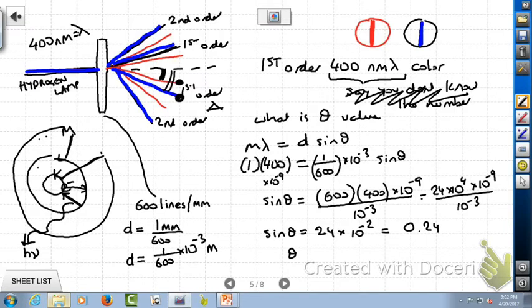So theta is equal to, did I bring my calculator? I've always got a calculator on me. So let's have a look. We go second sine, 0.24. And I look and I am in degrees, so I'm getting 13.8 degrees.